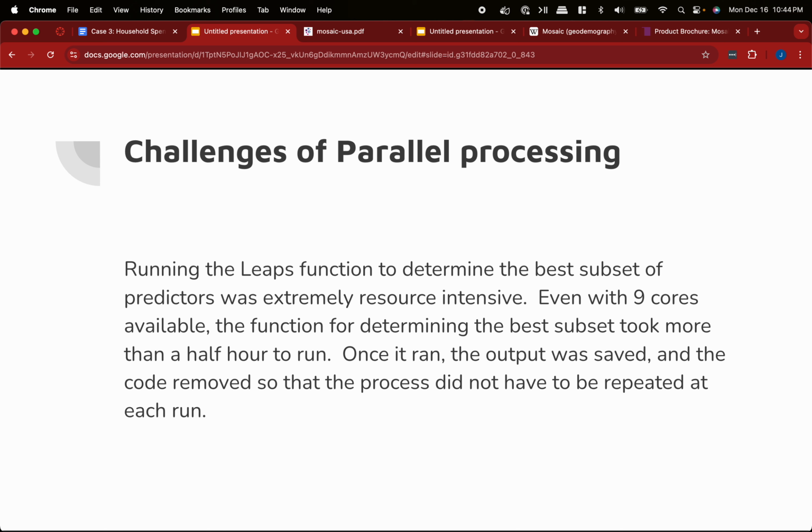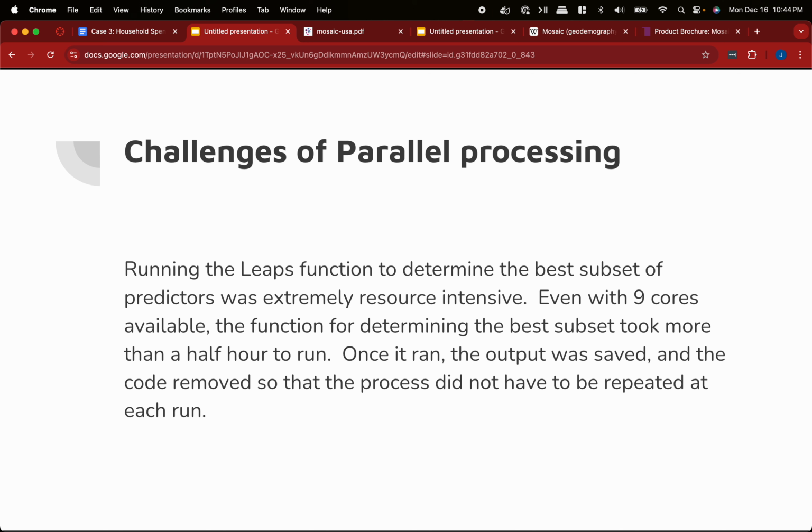Running the LEAPS to determine the best subset of predictors was extremely resource intensive. Even with 9 cores available, the function for determining the best subset took more than a half hour to run, because what it does is it runs essentially a for each loop where it starts with 1 predictor and then 2 and then 3, and it builds up and goes through actually all of them. If you want all of them, I actually limit it to only 1/3 of them as the max.